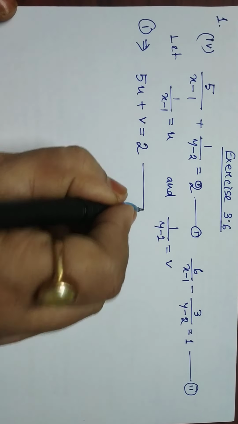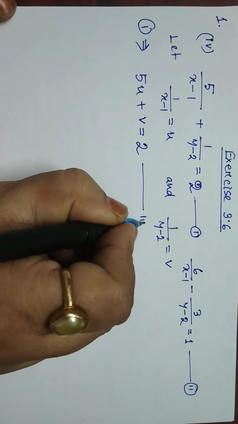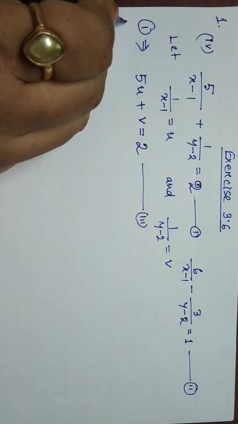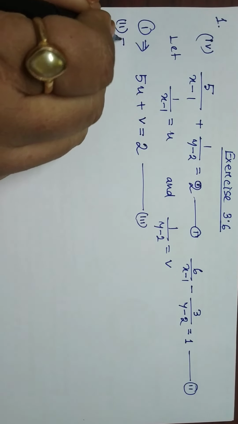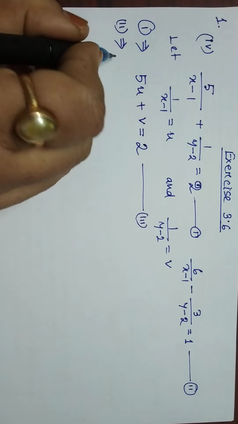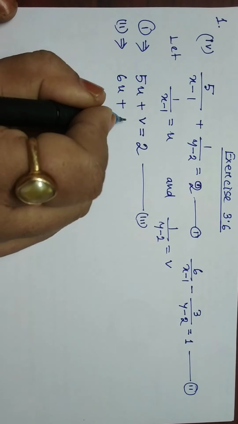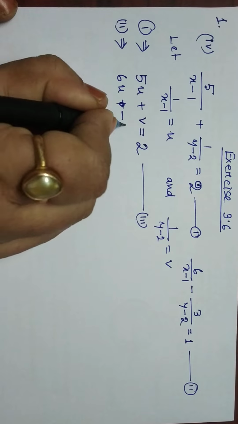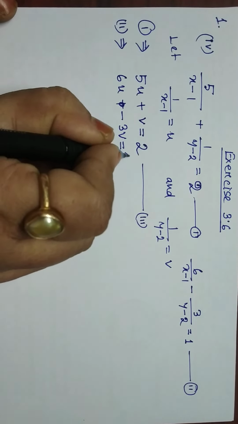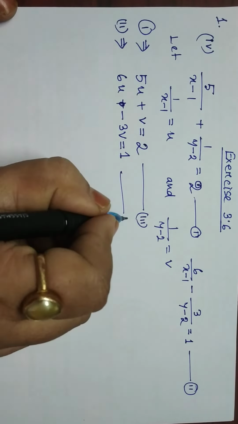And this equation we name number 3. Then equation number 2 will be 6u plus, this one minus 3v equal to 1. This equation is number 4.